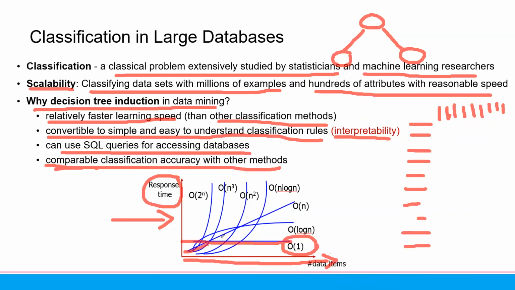Maybe your algorithm is O(n) or O(log n). That's better. But if your algorithm is O(2^n) or exponential, this is a very serious problem because it is very costly. So we do not want to have this algorithm. Maybe we will check with this one or this one. This is still reasonable for the algorithm.